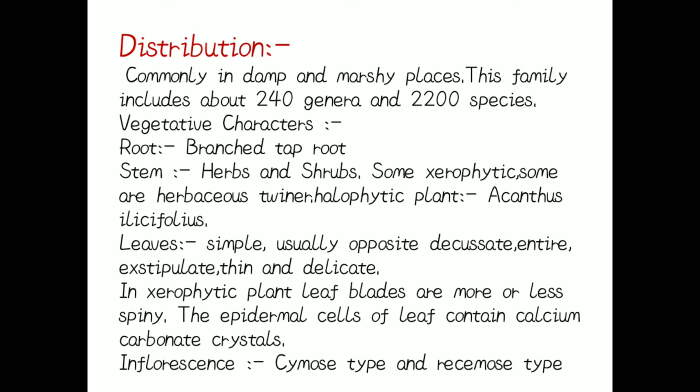Some are xerophytic also, that means they grow in a region with less water content, a dry region, and herbaceous twiners. Some plants are halophytic too, that is the Acanthus species.